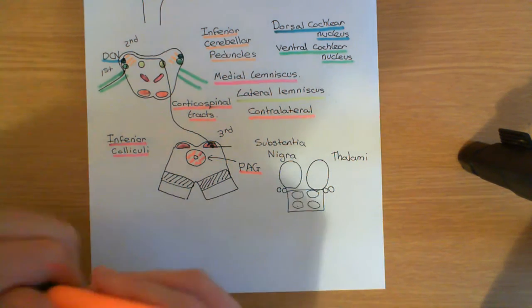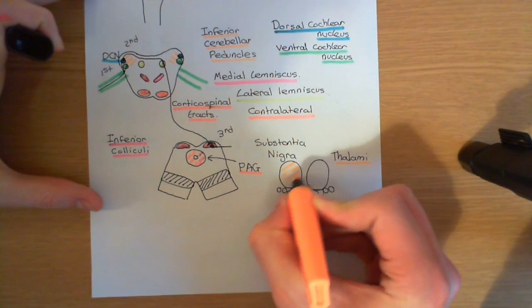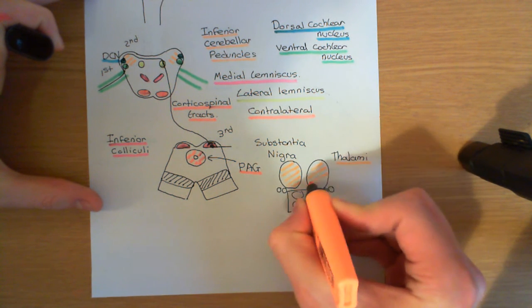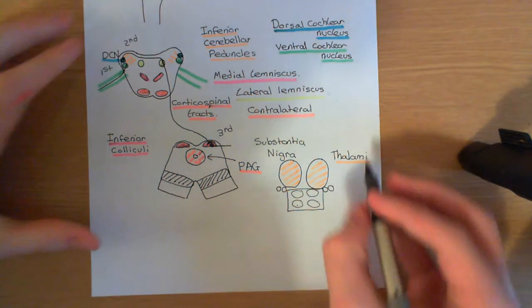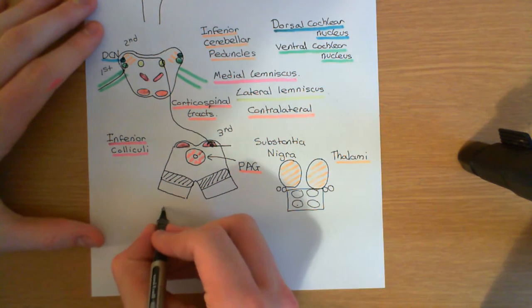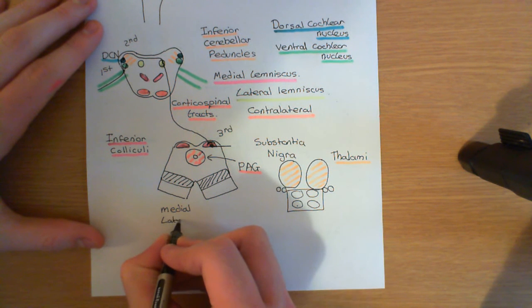So let me colour in the different structures that I've got here. So in the thalami are these structures here in orange. Okay, and now we've got these two nuclei here, or bodies, which are the medial and then the lateral geniculate body.